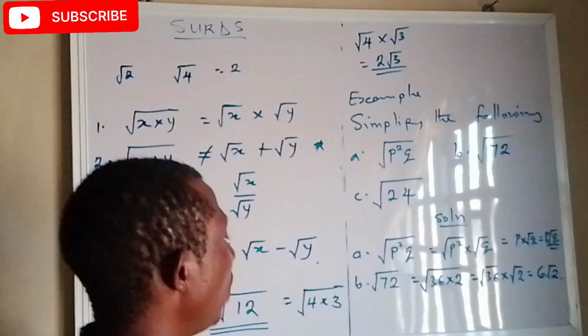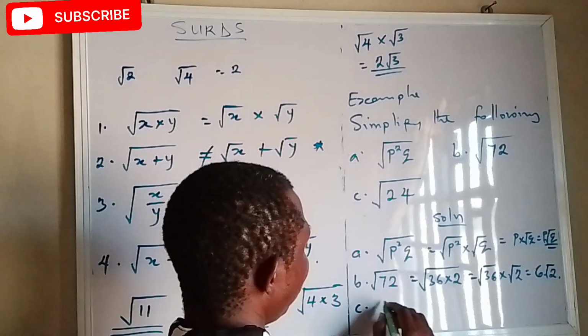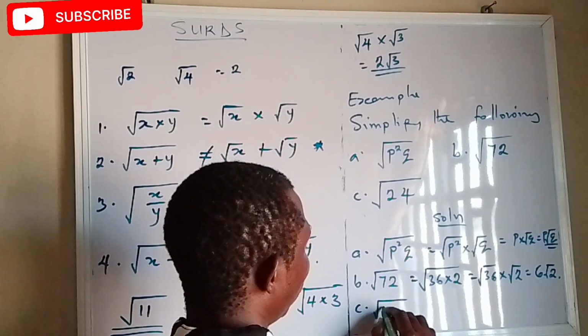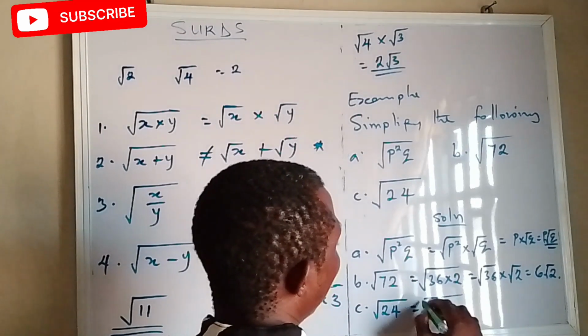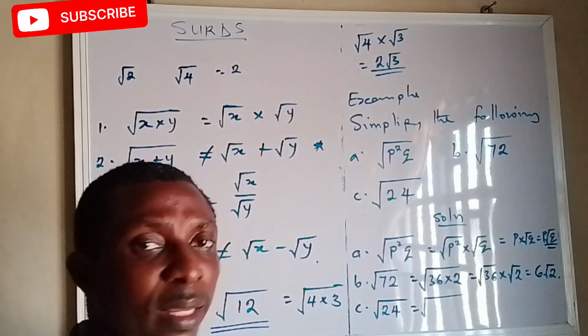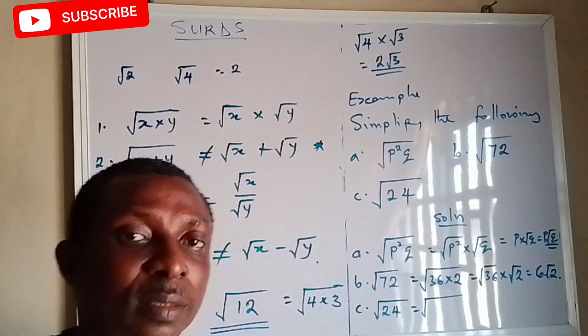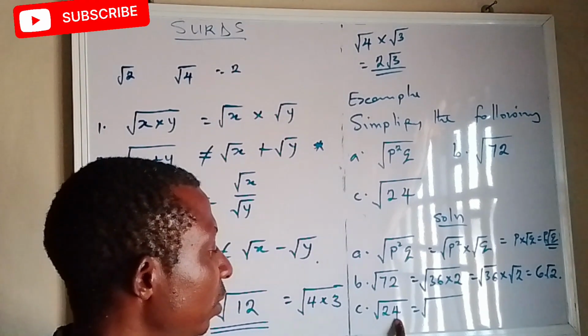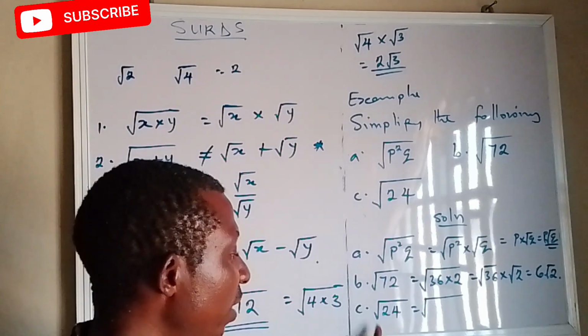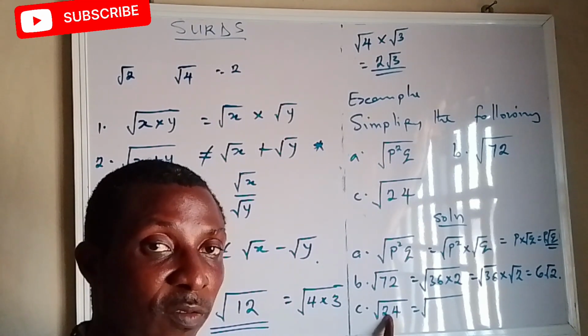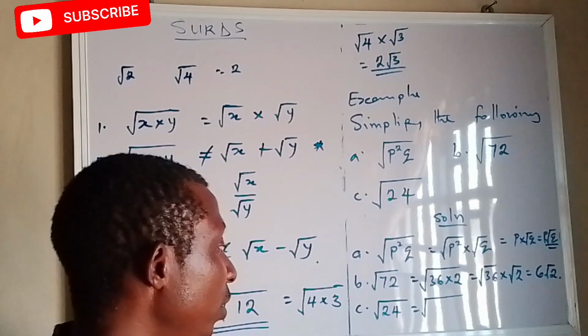Now let's look at the third one. I have the square root of 24. Is there any perfect square that can go in this? What perfect square will go in this one? I think 4 will go, because 4 is the first one. 4 goes here, and the other factor is going to be 6.